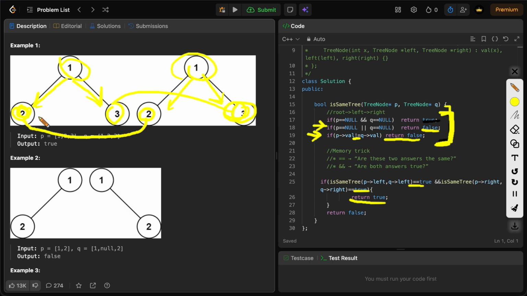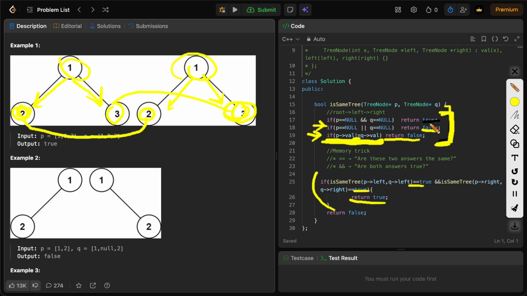And for the base conditions, if you wonder about values, we are checking whether the values are equal or not in this line, then recursing, checking the values, checking null values, and returning true or false accordingly.